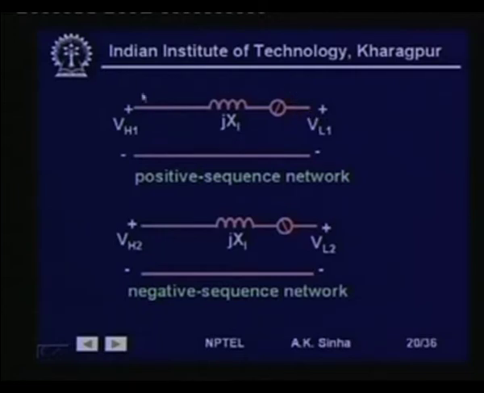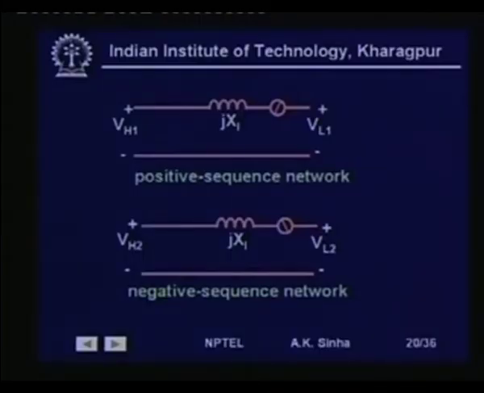So, here in case of positive sequence voltage, the high voltage side voltage leads the low voltage side voltage by 30 degree, and the positive sequence network can be shown like this, where this is showing a 30 degree phase lead. In most of the cases we do not take care of the phase lead or lag also, but if one is interested, one can always take care of that.